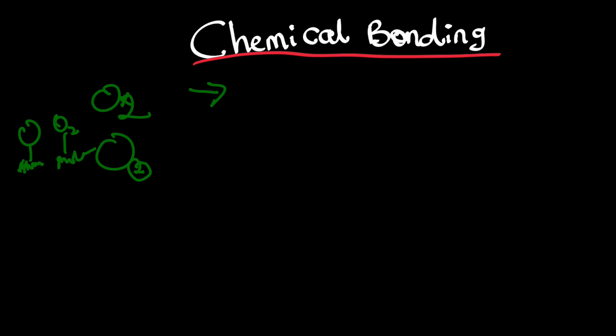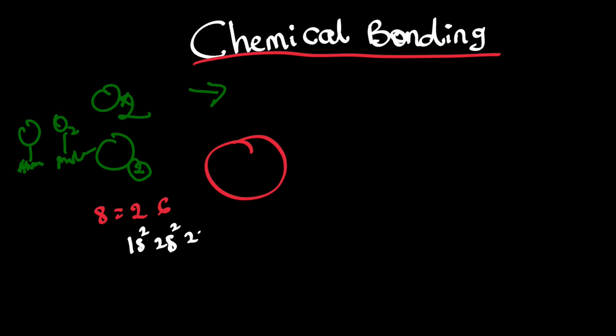Why? Now let's draw the formula. We have oxygen, which is 8: hydrogen, helium, lithium, beryllium, boron, and so on, oxygen is 8. The configuration is 1s2, 2s2, 2p4. Since the 2s and 2p are in the same shell, we classify it as 6.